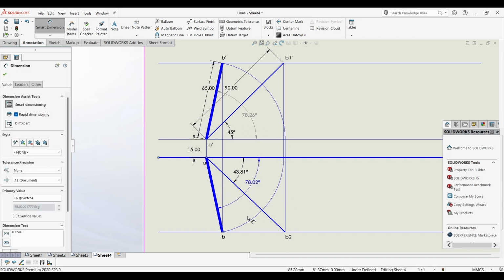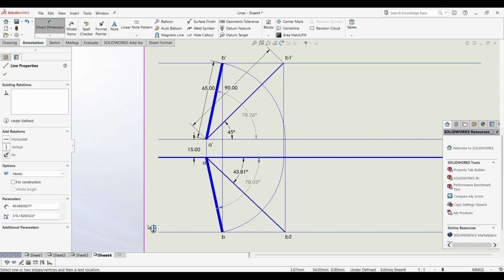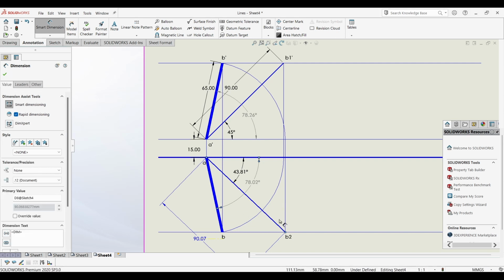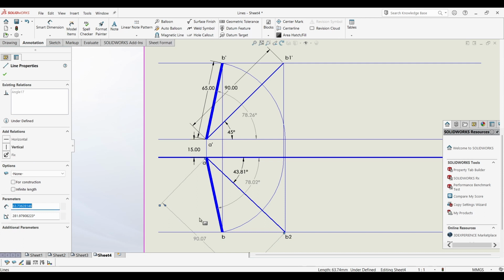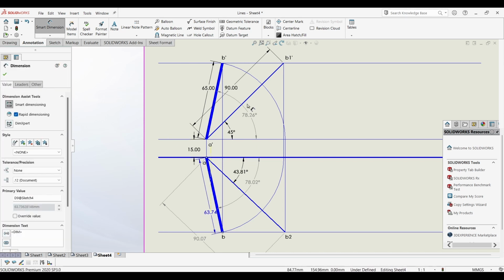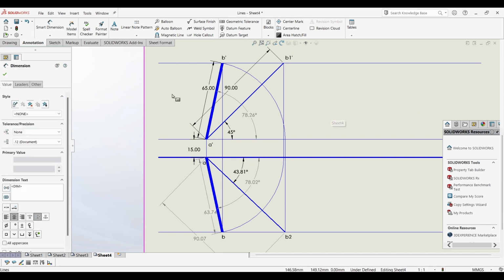I would take the length of this line, that is 90. Cool. And then the dimension for this line, that is 63. Okay, all of them done.